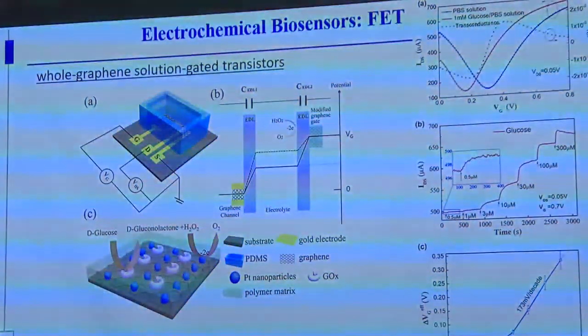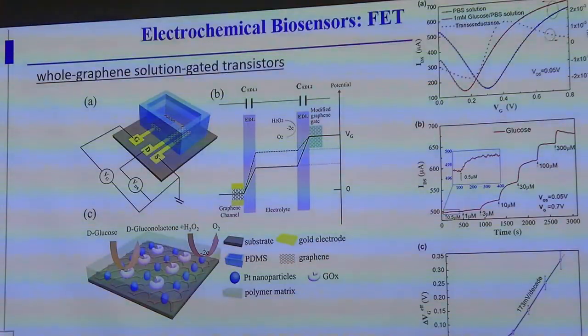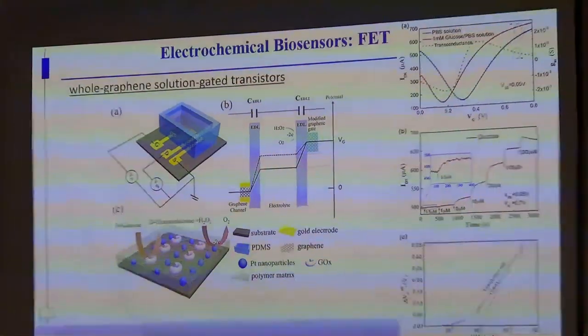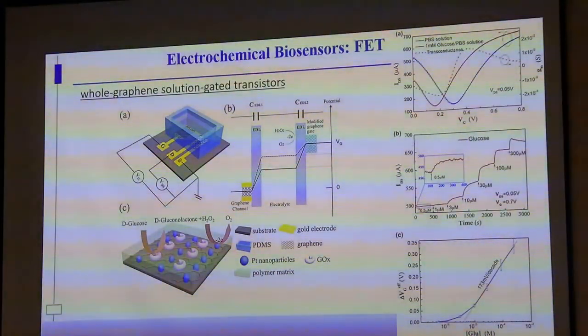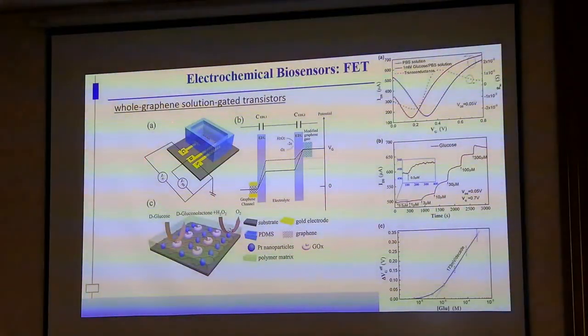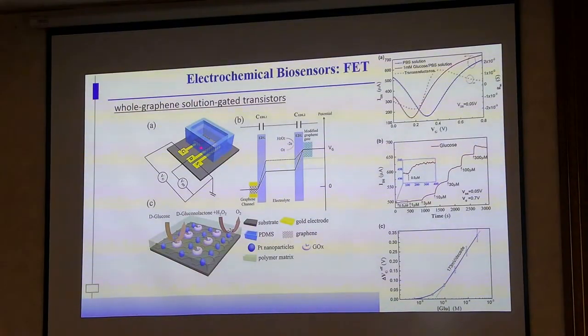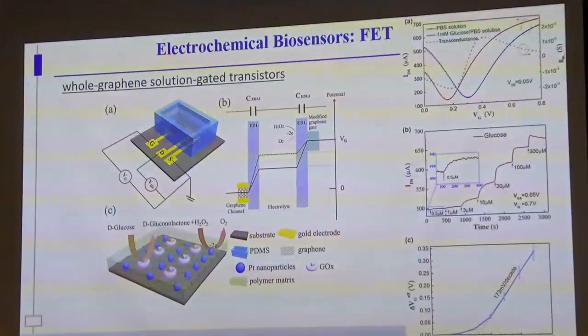Next one, in the previous presentation we discussed field effect transistors, and we have seen multiple types of field effect transistor for different applications. This is one example here using a complete graphene solution gated transistor. So here we have a solution gate, and every component is graphene. That's also one important point here.